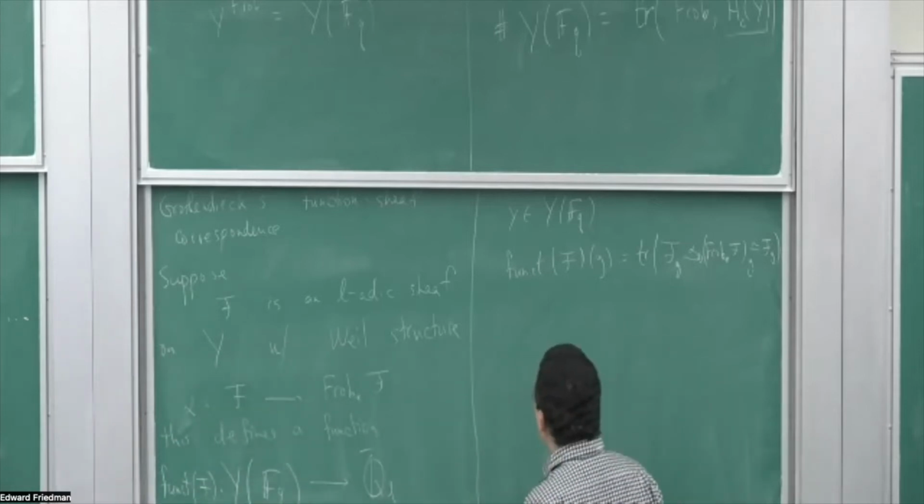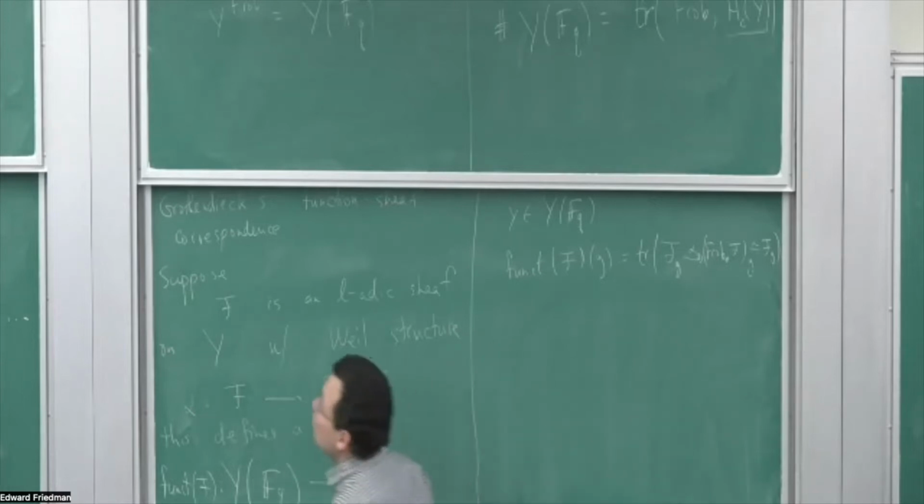Okay, so the one key point, getting back to what this has to do with the Langlands correspondence, is that typically the way one constructs automorphic forms is via the function-sheaf correspondence. You want to write down an automorphic form.